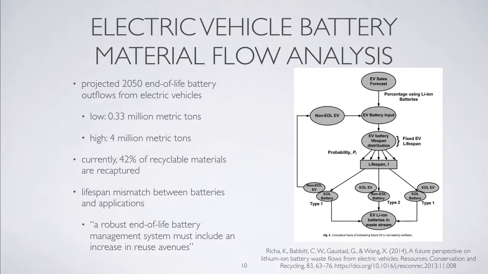It could actually have years left of good service. So that's what occurs where this one arrow is pointing. At the end of the lifespan of the car, the EV, the electric vehicle, can be at end of life, EOL. But it could have a non-end-of-life battery.